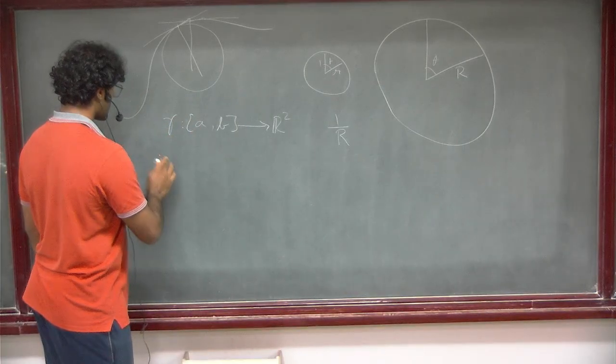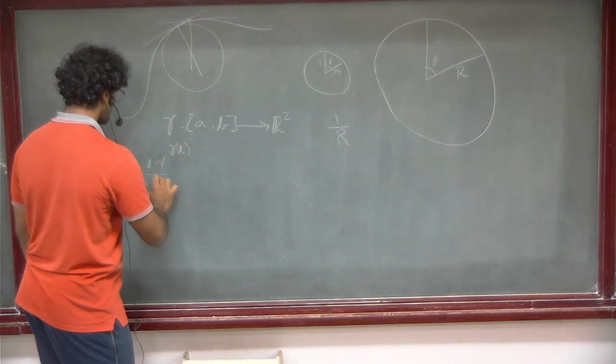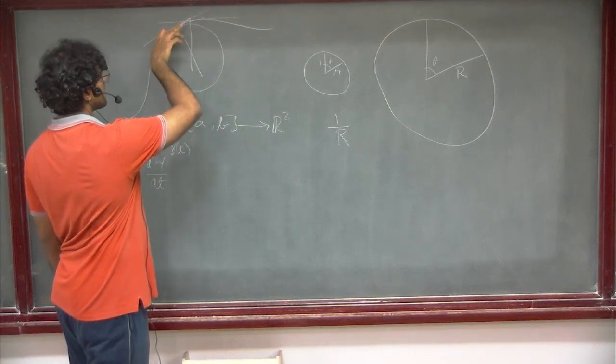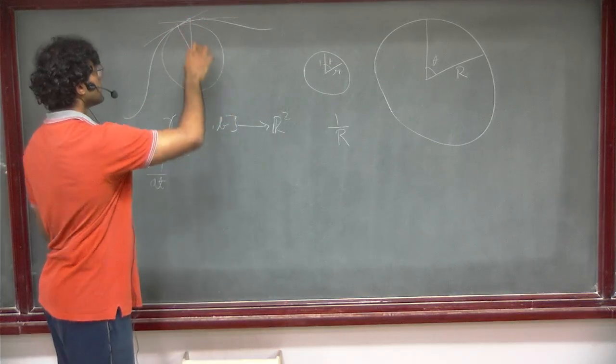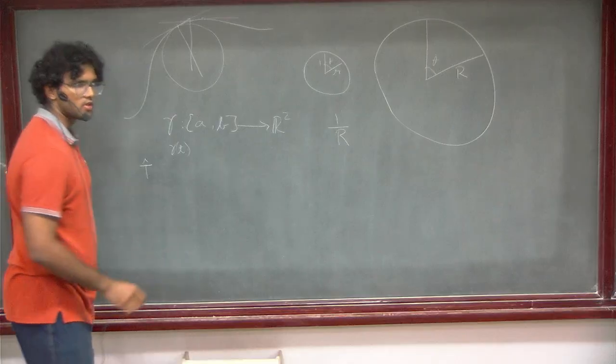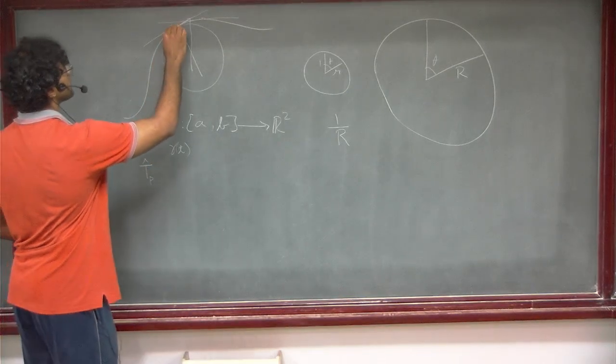So say it's gamma of t, then d gamma by dt is the velocity of the curve at every point. You just normalize it to 1. We'll call that t hat, the unit tangent at every point. We'll say t hat at p, so say this point is p.